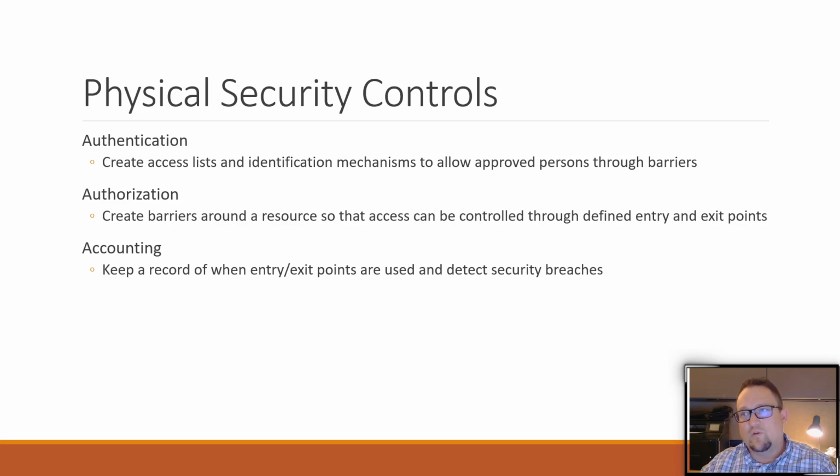Just like facilities, we don't want everyone to get into the power distribution panels, because what if somebody goes in there and just flips all the switches? And then of course we still need to keep our accounting. We need a record of who came in, when, and who left, when, and if there are any security breaches, is there a record of those security breaches? Because physical security is the protection of hardware, software, networks, and data from physical actions or events that can cause damage and unauthorized access.